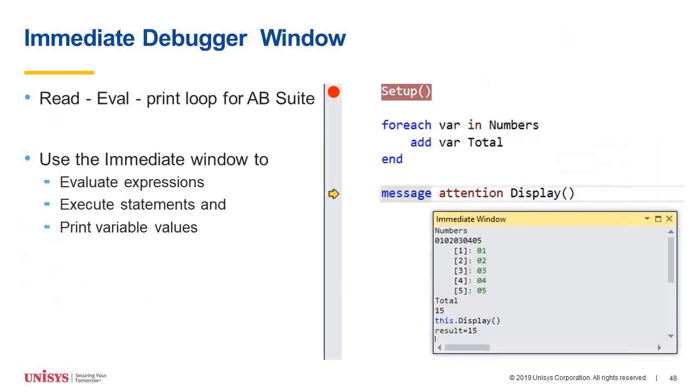On the functional side of debugging, we've added what's called an immediate window, and what this gives is a read-eval-print loop for AB Suite. The immediate window is someplace where you can type in and evaluate expressions, execute statements, and print variables. The little example that I show here is, we set up a breakpoint, move forward to this line, and I now have the ability to enter what's inside the numbers array.